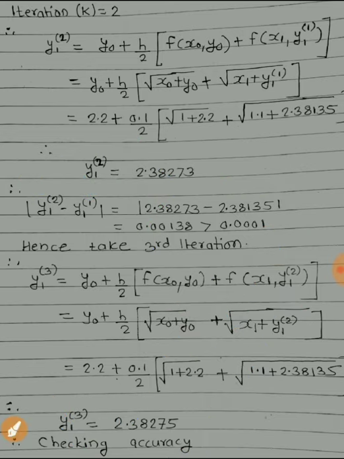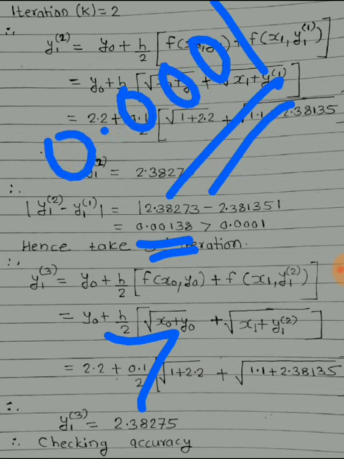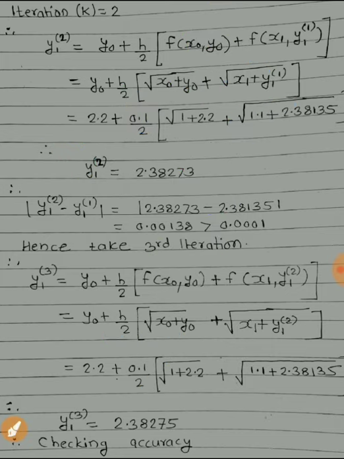Its magnitude is taken. The difference comes to be 0.00138, which is still on the higher side because I want the accuracy of 0.0001. So it is greater than 0.0001. Hence I need to make another correction.